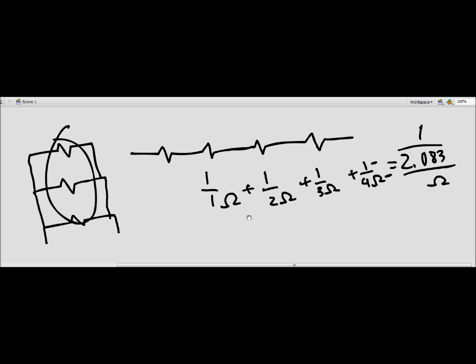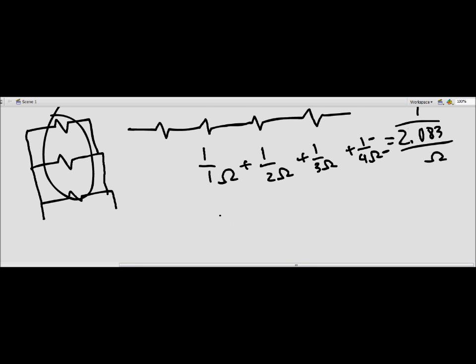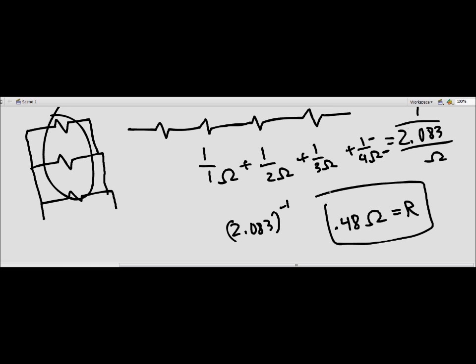And so when we take the inverse of it, that's just the x to the negative 1 button on your calculator. So it's going to be 2.083 inverse of that. And what we end up getting is 0.48, and that's in ohms. And so that is the total resistance for a bunch of resistors in parallel.